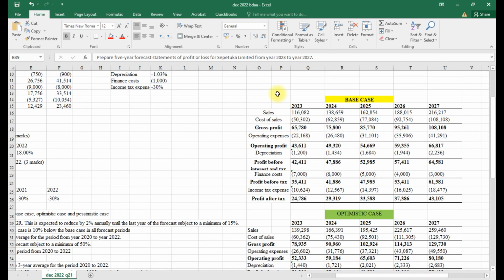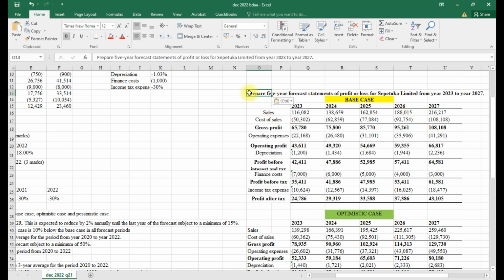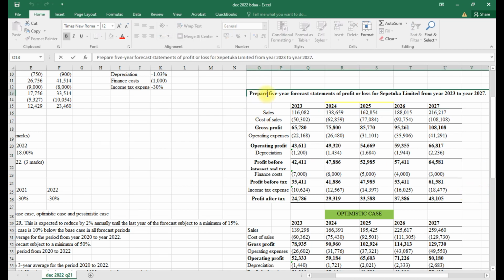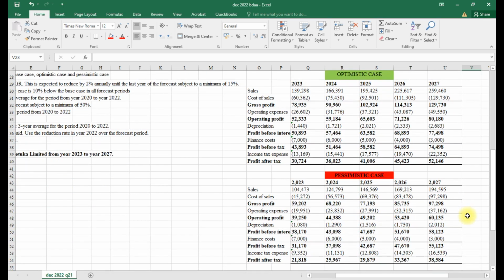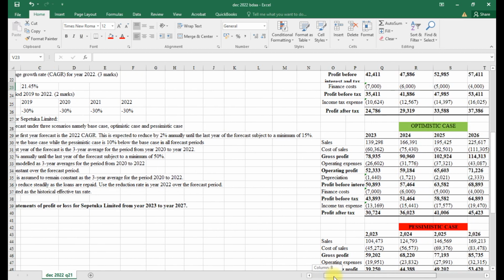Let me paste it here. 5-year forecast for Sepetuka Limited. It was for that particular period of time from the year 2023 to the year 2027. Prepare 5-year forecast. So we'll just eliminate this so that it reads 5-year forecast statement of profit or loss for Sepetuka Limited, and we have calculated that. That is the whole question, how it was supposed to be done.